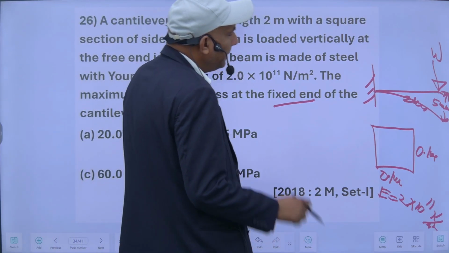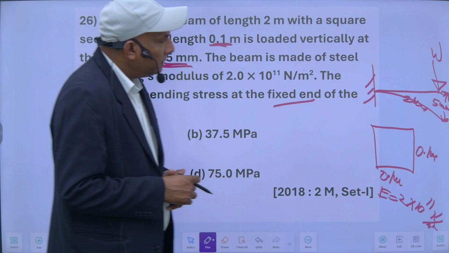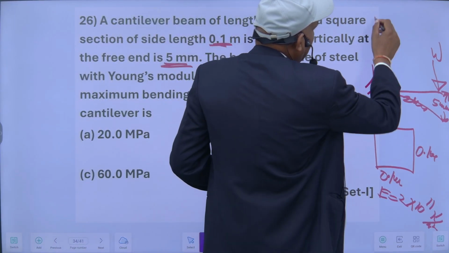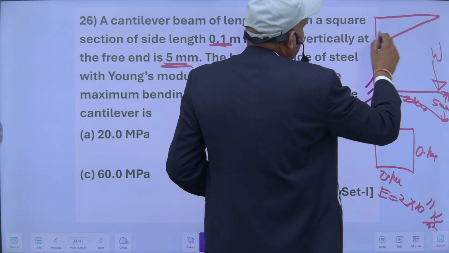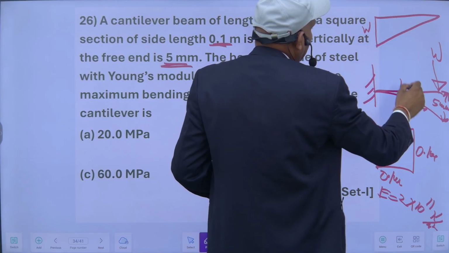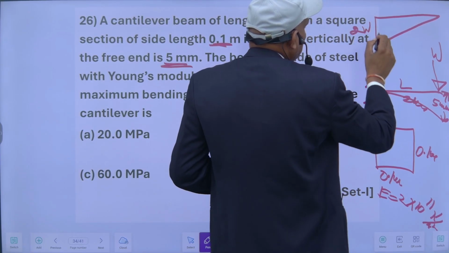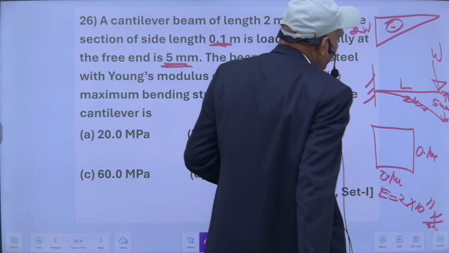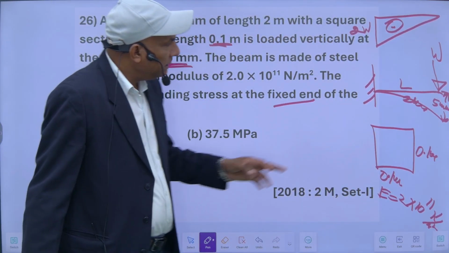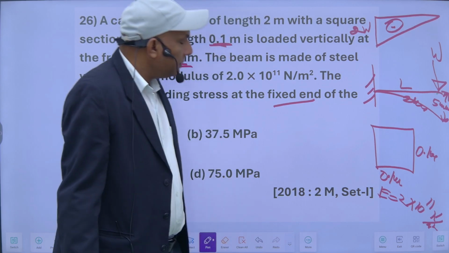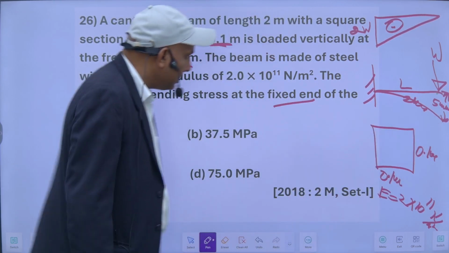For this, its bending moment will be W into L. This length is 2 meter, so it will be 2W. So this is M. So first I have to know this W.